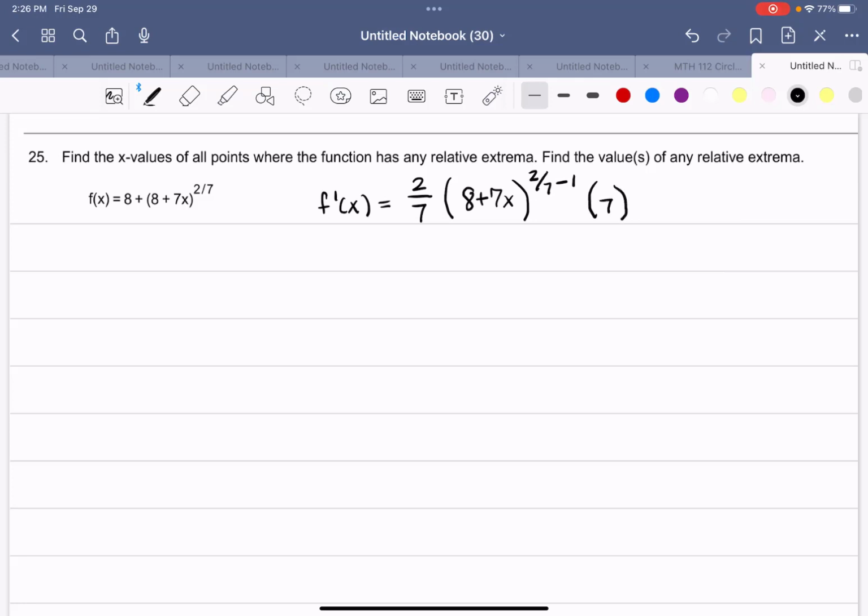The derivative of the base is 7. So next, I'll simplify my exponent. 2/7 minus 7 over 7, because 7 over 7 is a 1, is a negative 5/7.